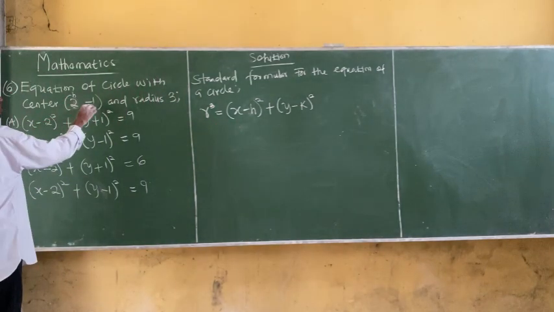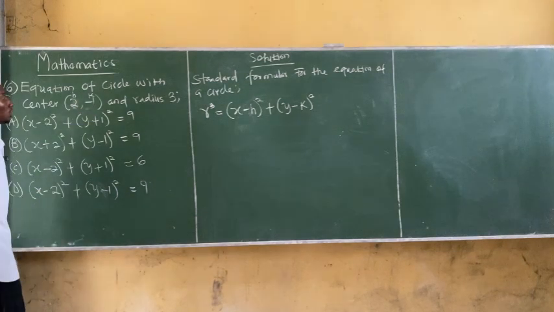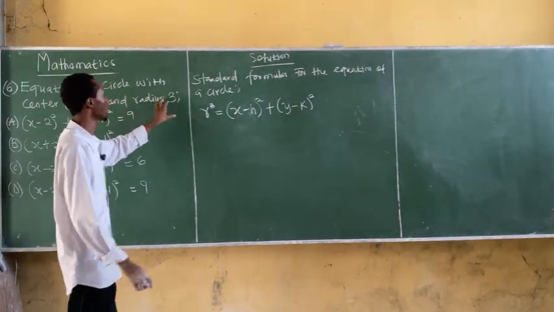This is our h and this is our k. If we substitute this into this equation, 3 here is our radius.